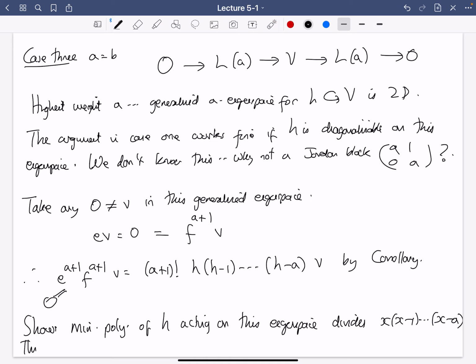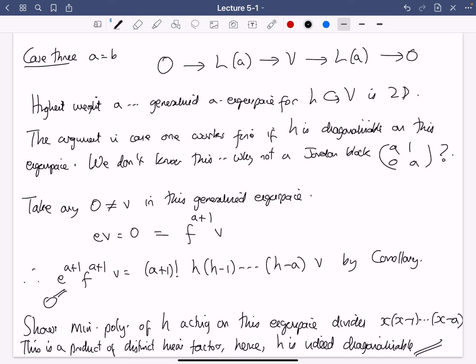This is a product of distinct linear factors. Hence, by linear algebra, H is indeed diagonalizable. So that's the proof in that harder case, case 3.